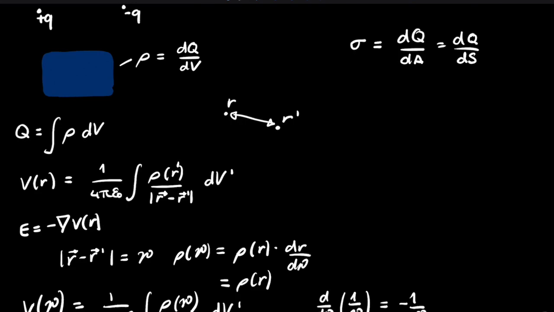That's what I'm going to be using from now on instead of A. So that's the surface charge density, sigma. It's the charge per unit area. It has units of coulombs per square meter, whereas this of course has units of coulombs per cubic meter. And again, we get the exact same thing. You get the field and the potential in the exact same way.